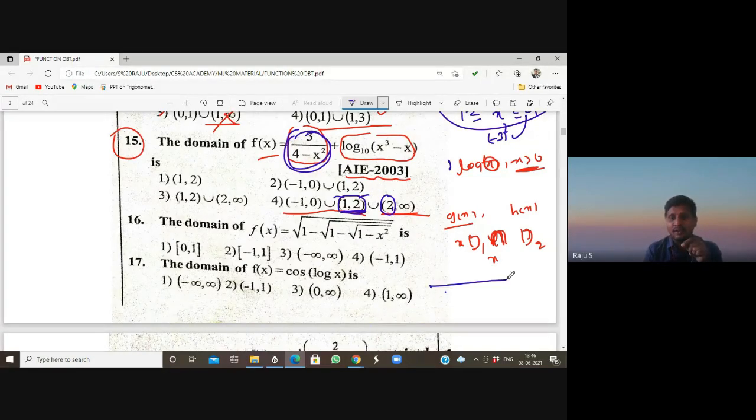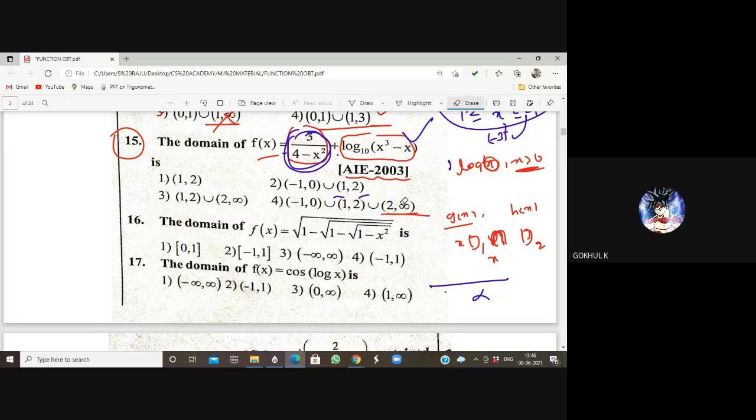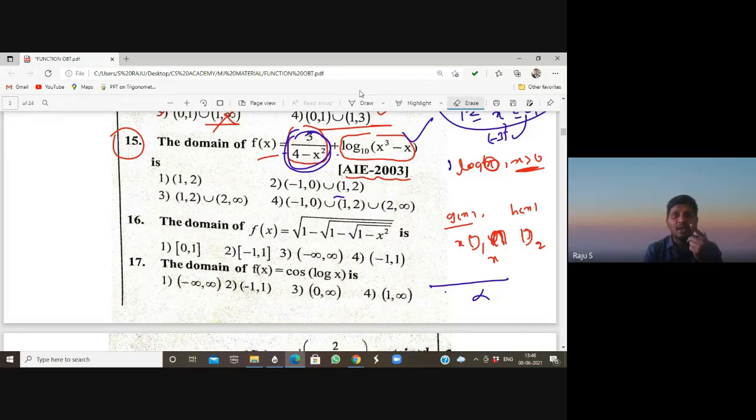As you said, from 1 to infinity the second function exists, but what about at 2? The first function does not exist. Understood? You can include the domain of both. Don't think about only the second or only the first; take the common.